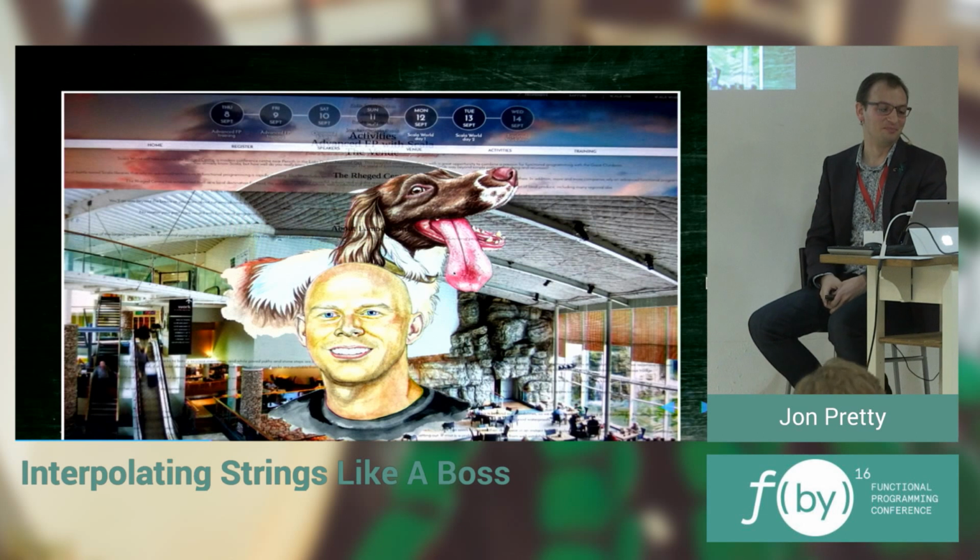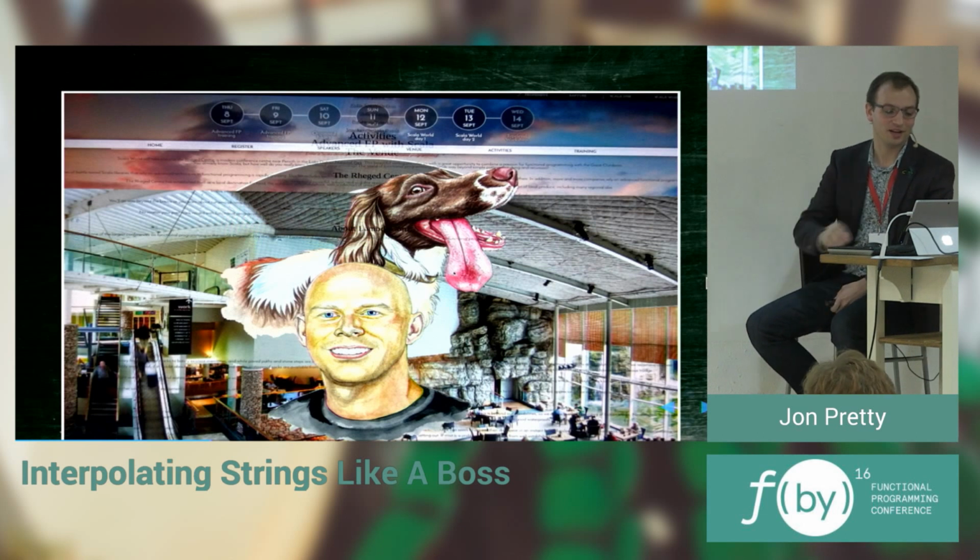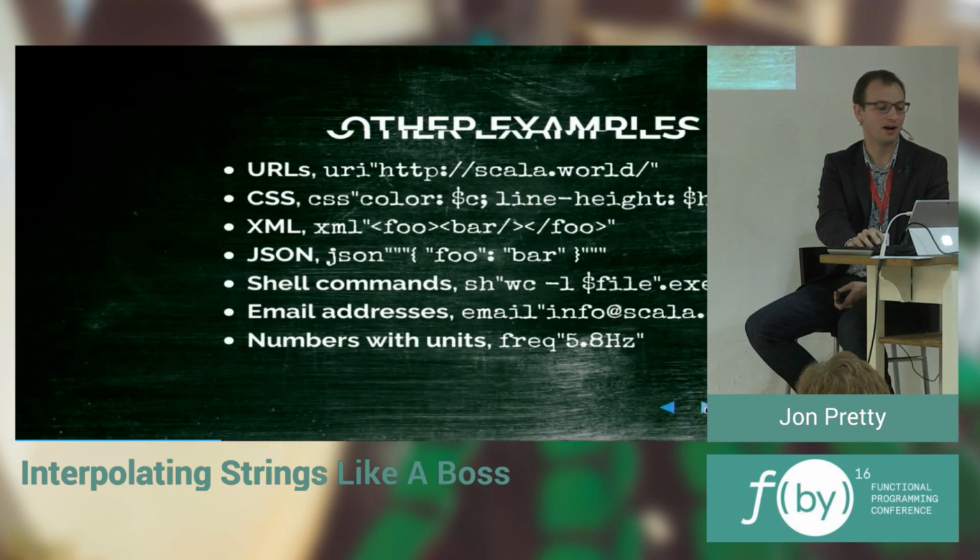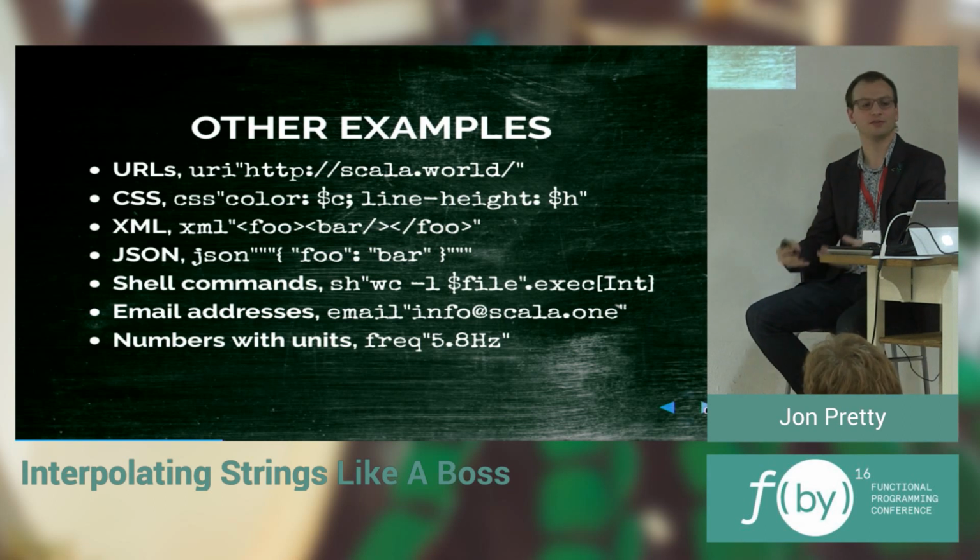And I thought, can we do better than this? Can we do better than editing CSS and getting failures of this sort? Now, the Scala compiler has a lot of facilities for doing type checking.